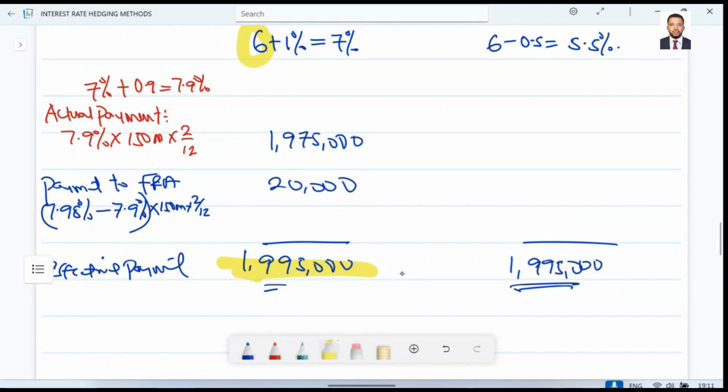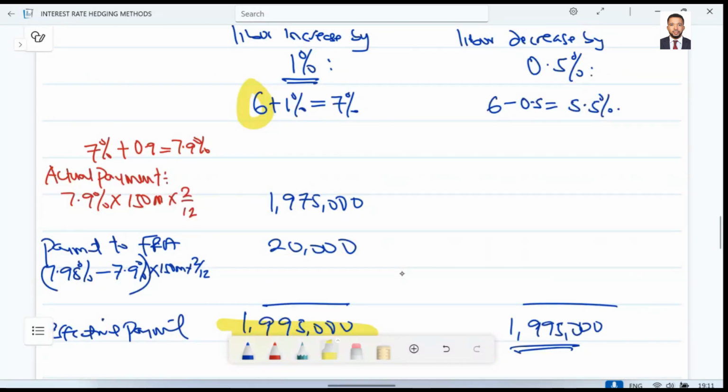Now the second one, actual payment. How much will that be? 5.5 plus 0.9, and that should give me 6.4%. Is that correct?